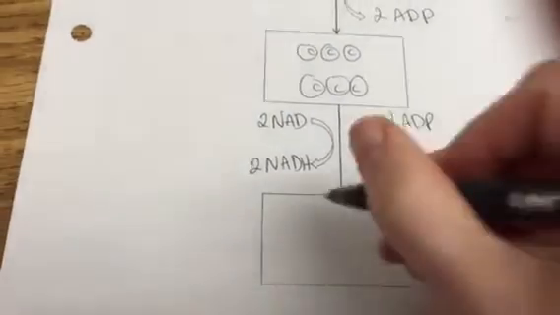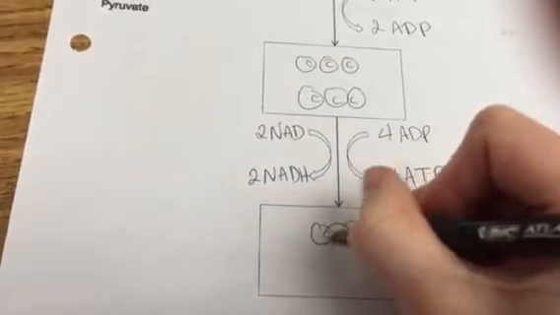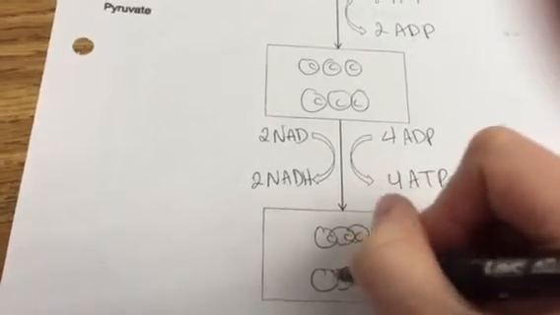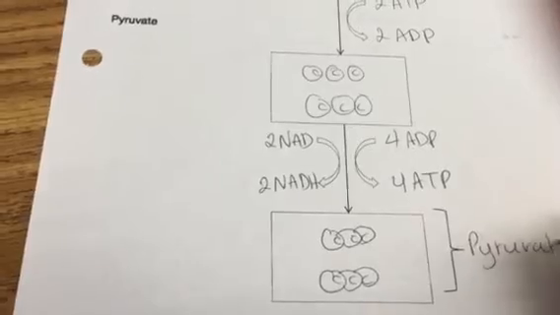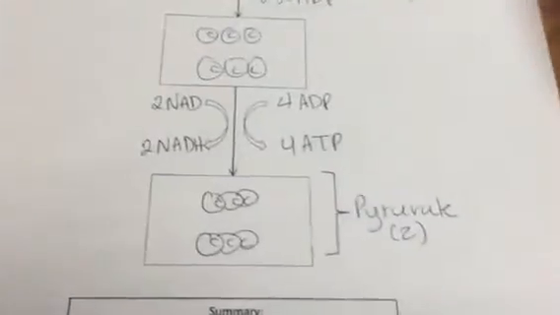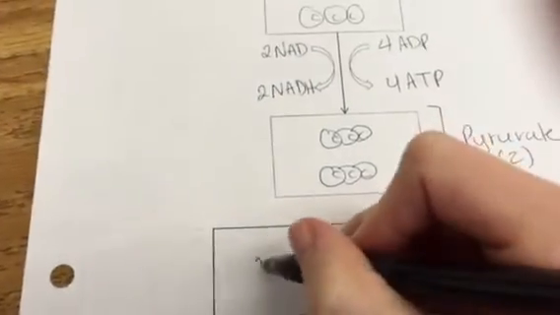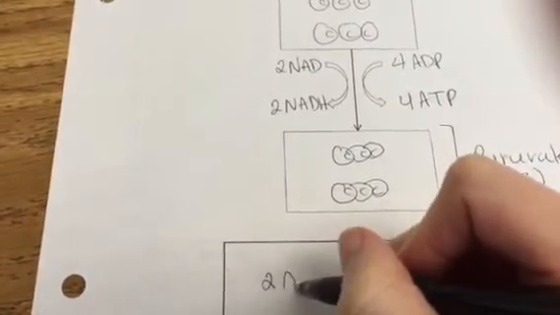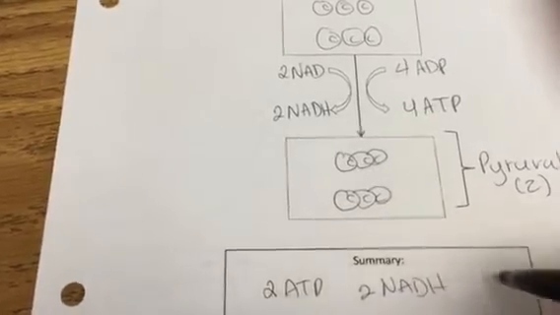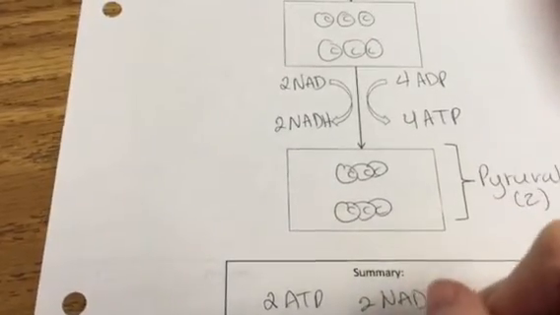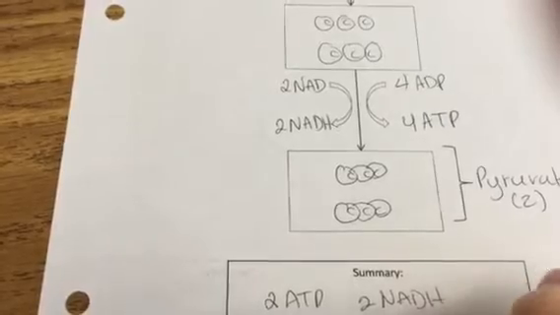So that leaves us with 2 3-carbon molecules, and each one of those is called pyruvate. So we're left with 2 pyruvates. For our summary here, we're going to say that we made a net gain of 2 ATP, 2 NADHs, and 2 pyruvates.